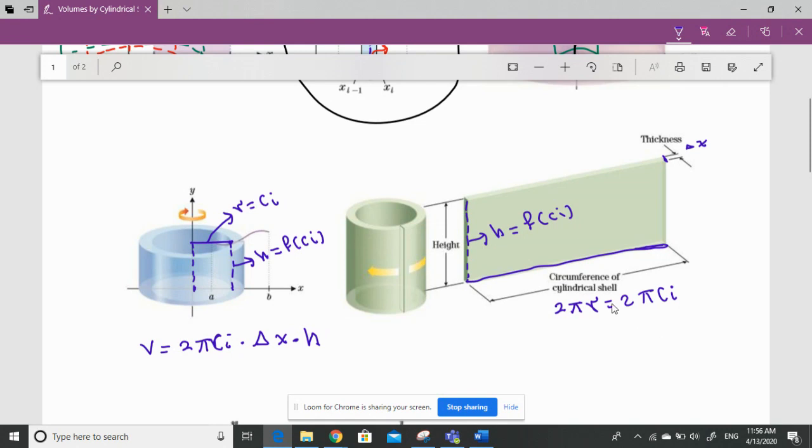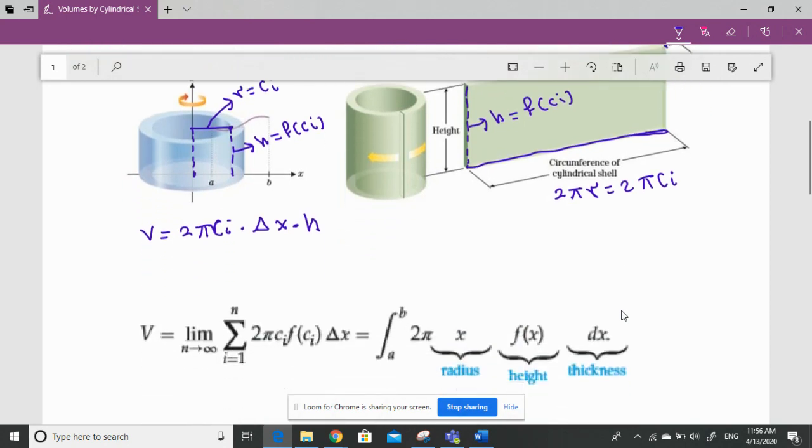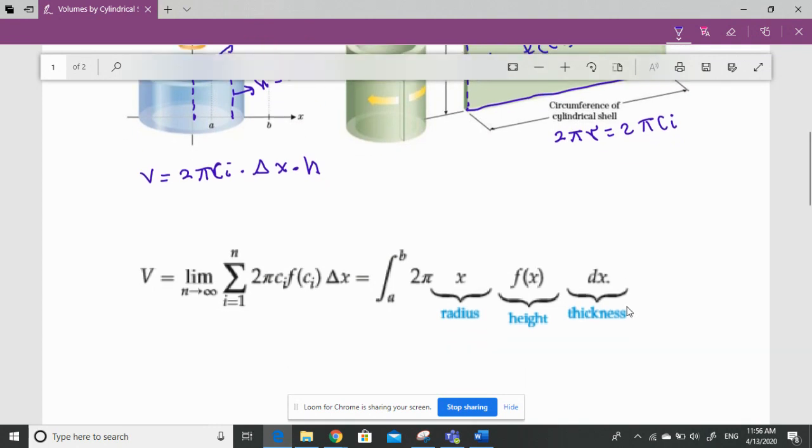Now I will sum all the volumes of these cylindrical shells. It's coming like this: 2 pi ci, f of ci, because h is f of ci. So 2 pi ci, f of ci, delta x, summation from i equals 1 to n, because I have infinitely many cylindrical shells here.